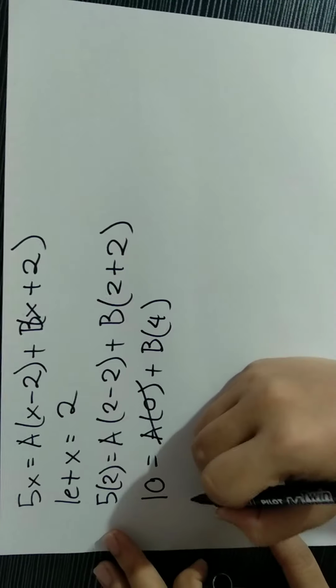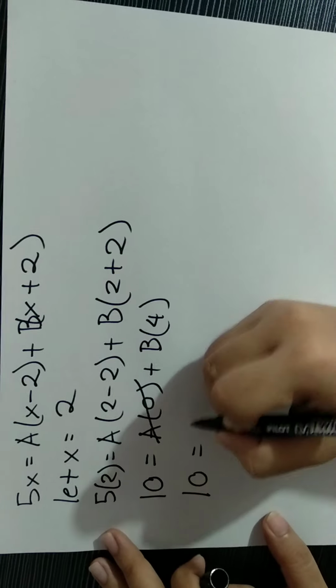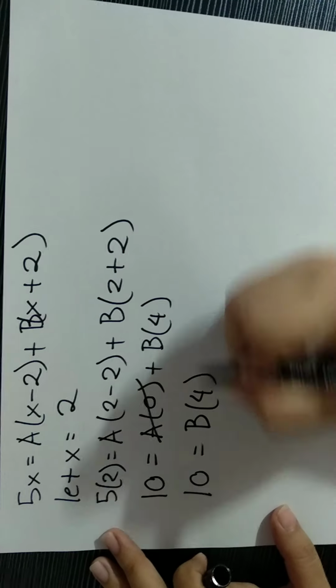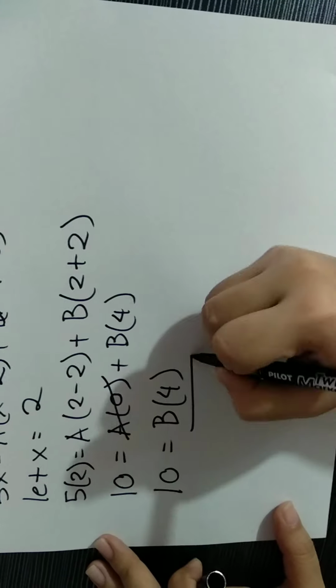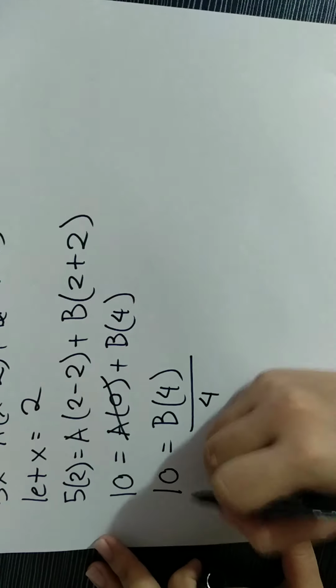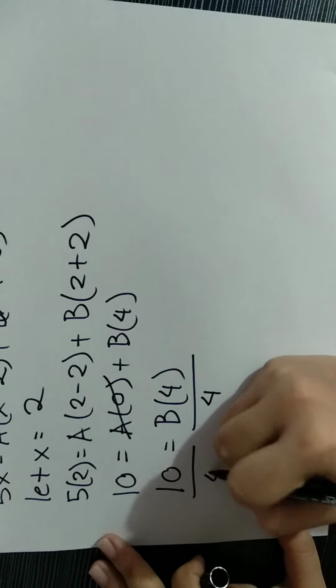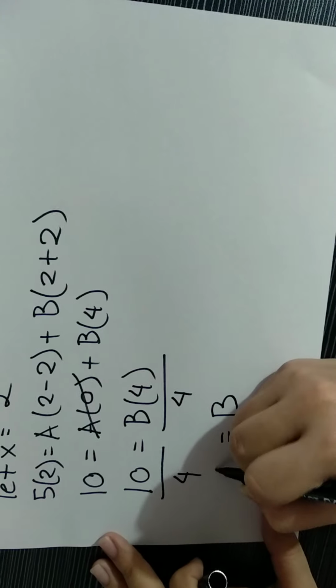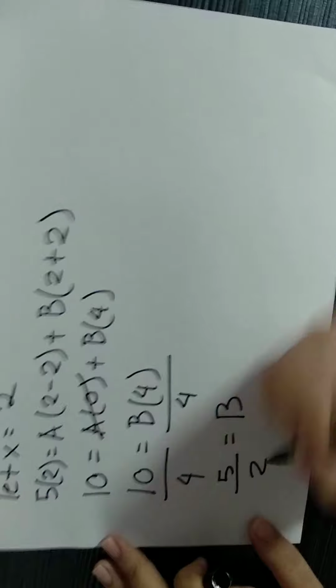Just cancel this one out and we'll get 10 equals b times 4. To cancel the 4, we must divide by 4. So b times 4 divided by 4 and 10 divided by 4. We'll get b is equal to 5 over 2.